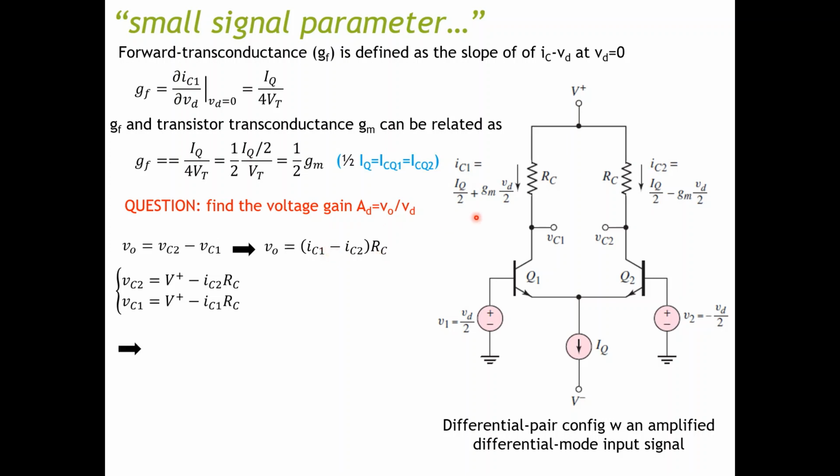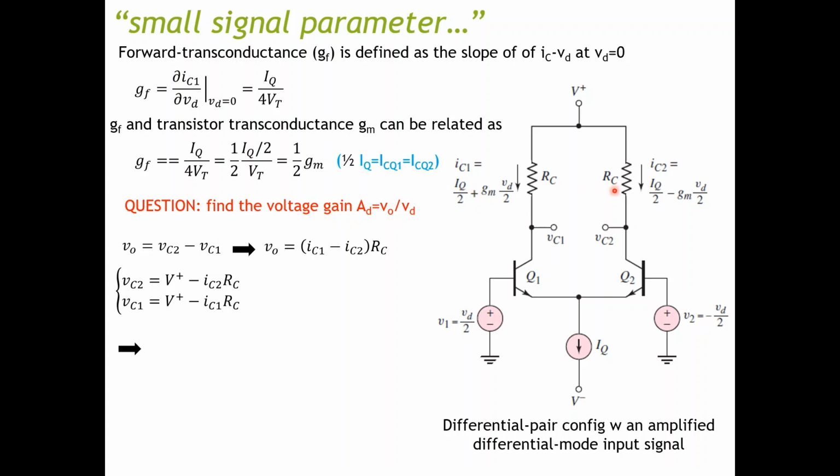Okay, now look at this here. Since we already figured out our GM, we can basically relate GM to the change in current when there's a difference introduced in the input. So let's say I can have my current IC1 increase by GM multiplied by VD over 2.